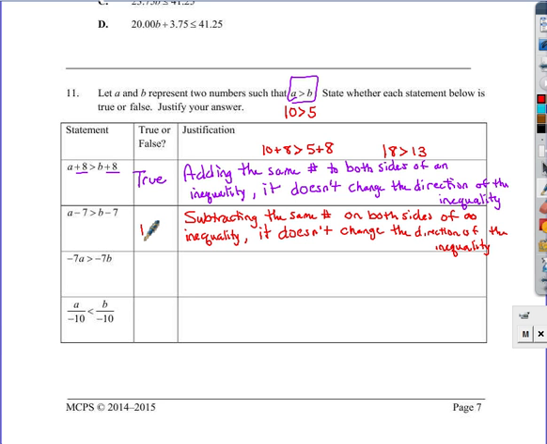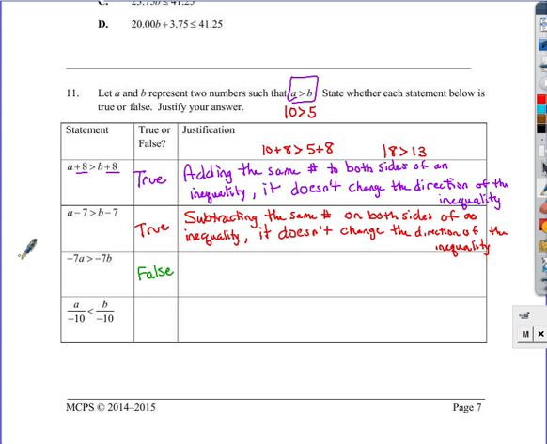Okay, so that would also be true. The next one, if I divide both sides by negative 7, A will no longer be greater than B. If I need A to be greater than B and I divide those numbers by negative 7, I can show you in an example.